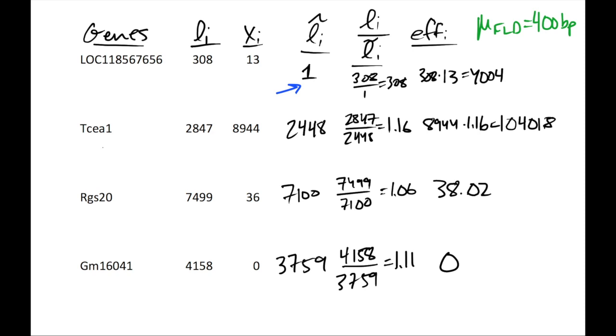So as you can see, it's actually very extreme in terms of its calculations, in terms of the scaling factor as you approach that mean fragment length. And this number, this 4,004 counts of this gene, is probably a little bit unrealistic as to what is going on. It is more to do with the relationship between these two variables and the assumptions that this is making. The model works a lot better for genes that are a fair bit over the mean fragment length.